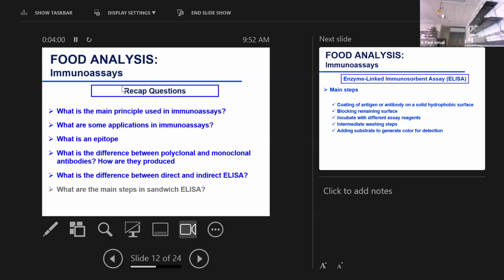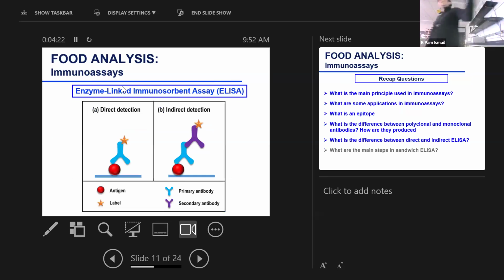Do you remember the difference between direct and indirect ELISA? It was complicated. Wonderful. Very good. Thank you. So this is the image, and I want you to remember that.